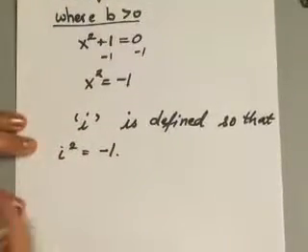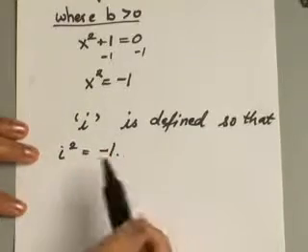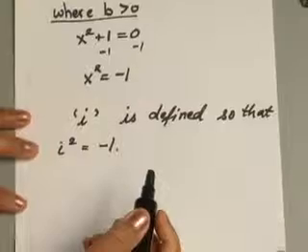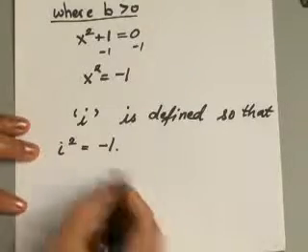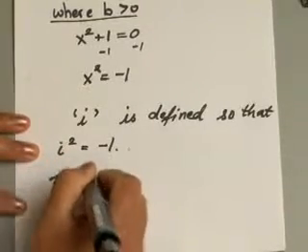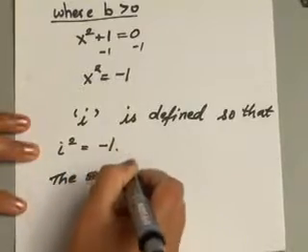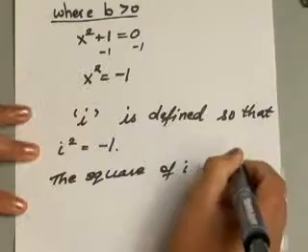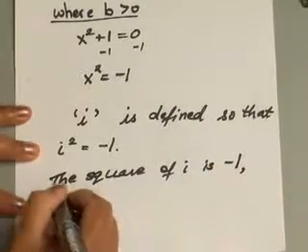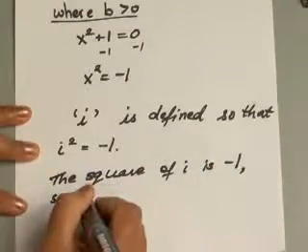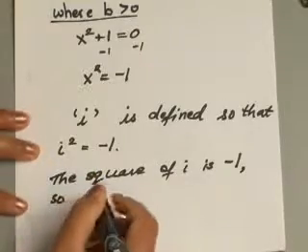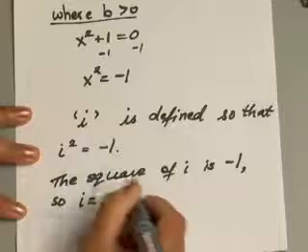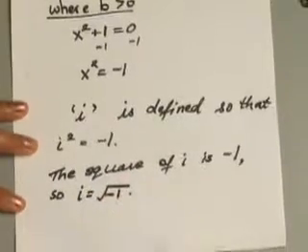So we have this new number that we're introducing, and this number is defined as i squared equals negative 1, which means that basically the square of i is negative 1. So of course that means that the square root of i squared, which would be just i, would have to be the square root of negative 1.